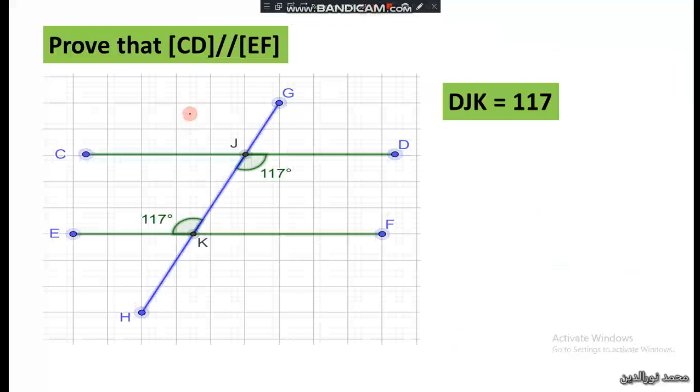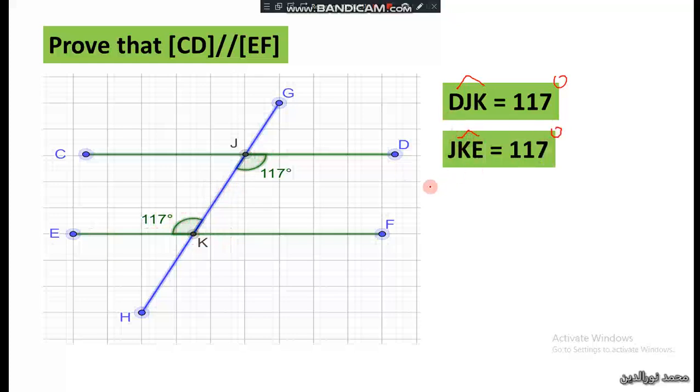So prove that the lines CD and EF are parallel. If we see this angle DJK, it equals 117 degrees, and the other angle, here, the angle JKE, also equals 117 degrees.